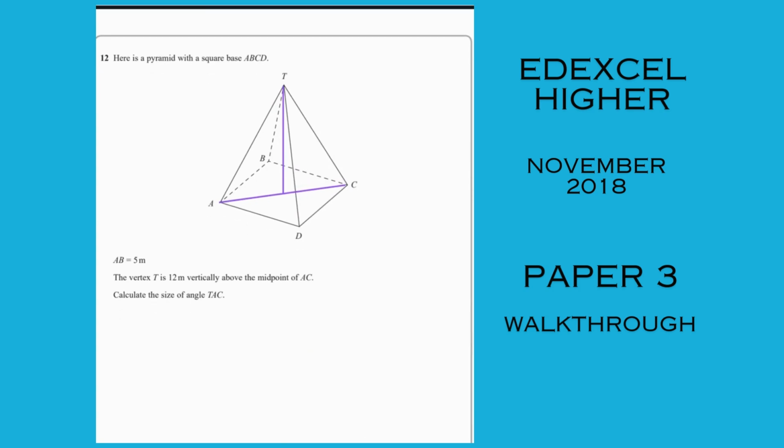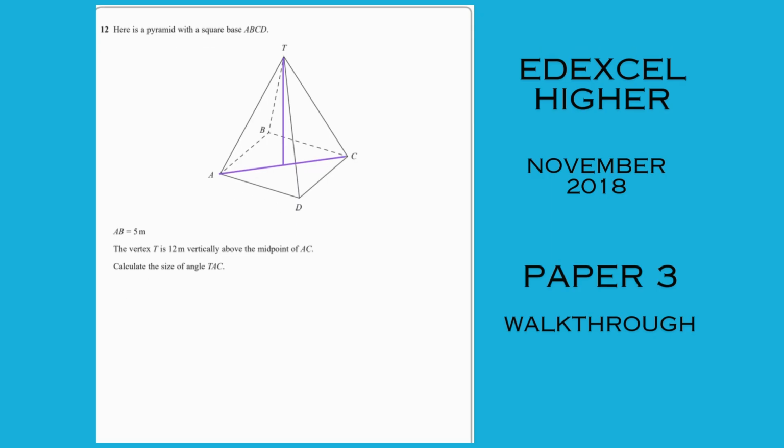Number 12, I've obviously done this paper already, and I've put in anything that can help me avoid using technology. So I've put these purple lines in because that's what's needed. So calculate the size of angle TAC, T to A to C. The way you calculate angles is if you know 2 of the sides of that triangle.